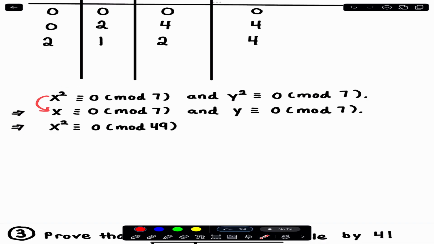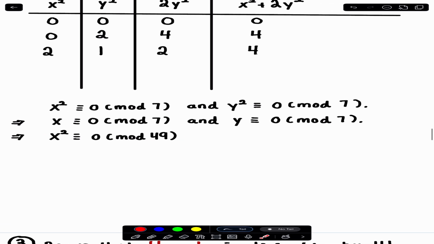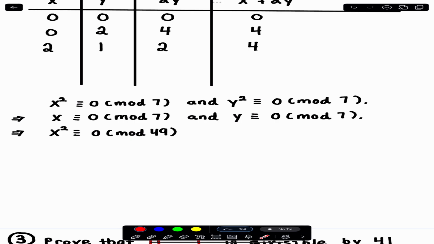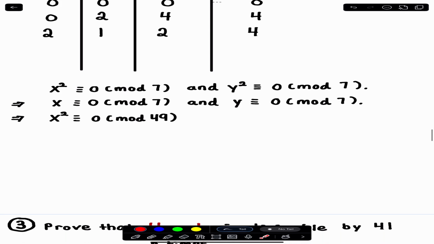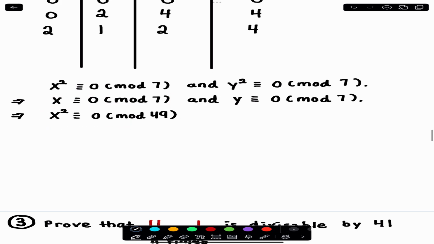I know it looks like we went from here to here and then to here again, but basically these two statements are both true. x squared is congruent to 0 mod 49, which automatically means it's also congruent to 0 mod 7. That is true, so we've just made a stronger claim. x squared is not only congruent to 0 mod 7, it is actually congruent to 0 mod 49 because x is congruent to 0 mod 7. So an even stronger claim.